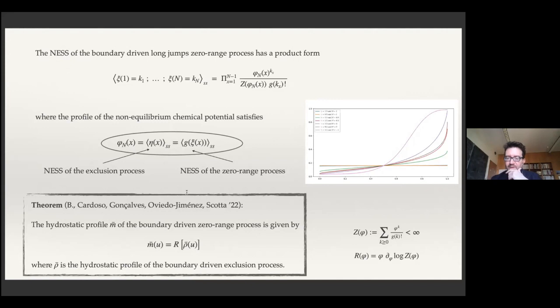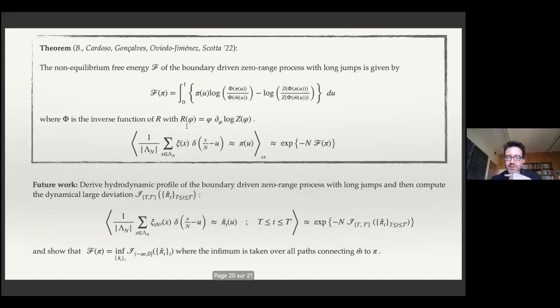But the advantage now is that since we have this product form, we can go further and not just look at the hydrostatic profile, but also at the non-equilibrium free energy. And this is the last thing that I wanted to present. So since it is quite explicit, we have a way to compute the non-equilibrium free energy of the boundary-driven zero-range process with long jumps.